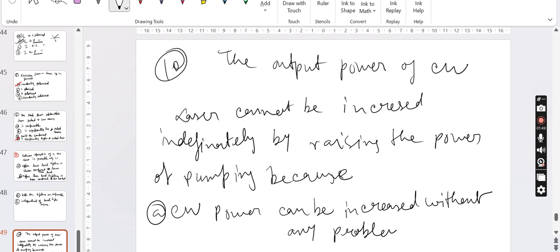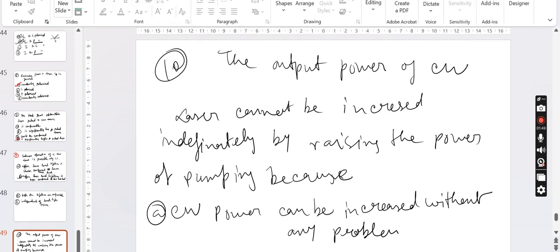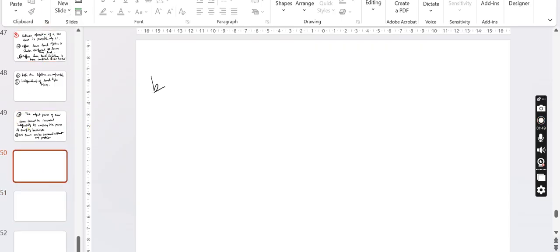That is not true. That is not a reason at all.